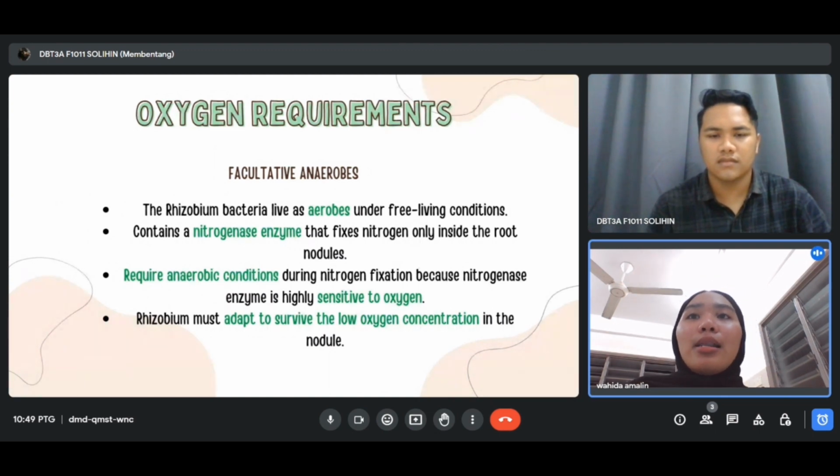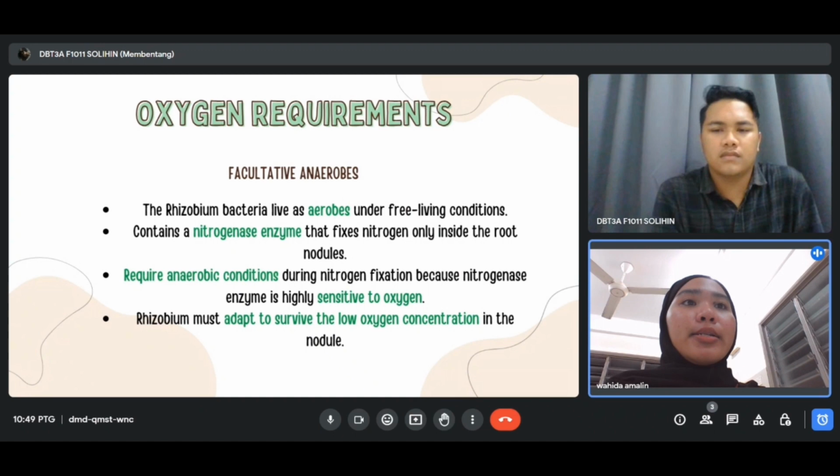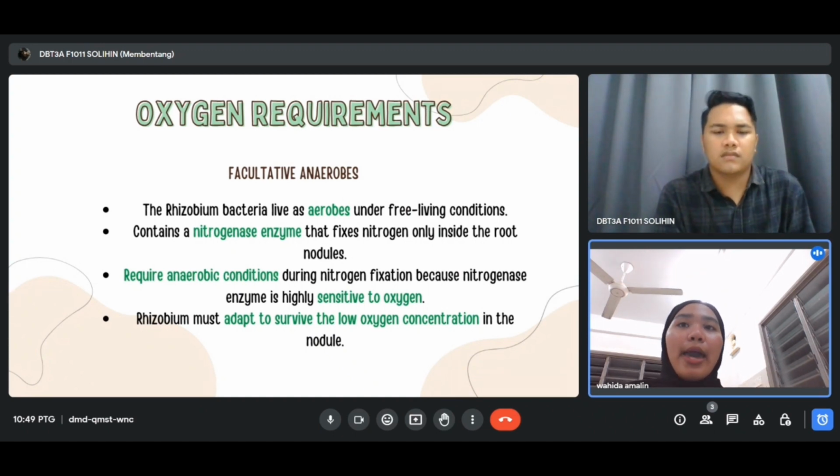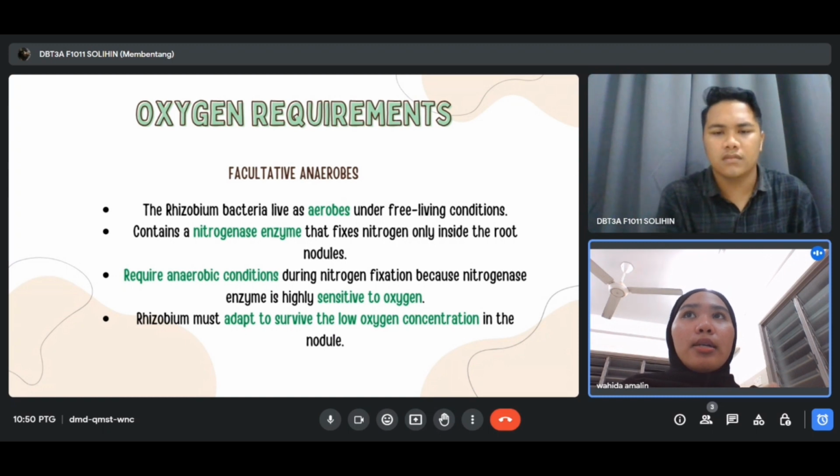Rhizobium bacteria live as aerobes under free living conditions. It contains a nitrogenase enzyme that fixes nitrogen only inside the root nodules. That means when the Rhizobium bacteria enter the root nodules, it releases the nitrogenase enzyme only in the root nodules, not in the soil.